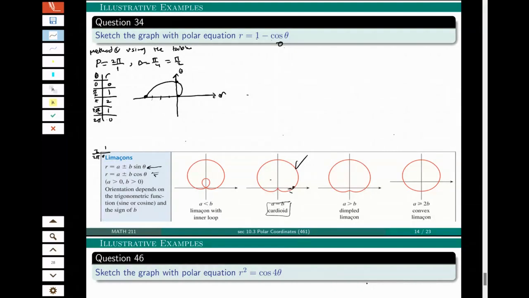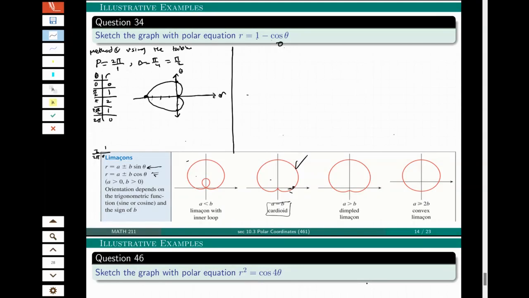Okay, and at 3 pi over 2, it will go back to 1. Then from 3 pi over 2 to 2 pi, it will go back to 0. So that's the graph using the points.